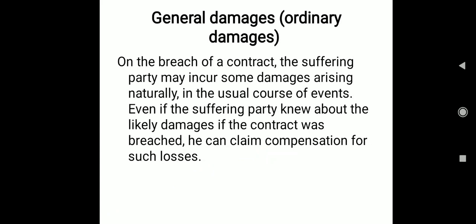Between you and me the agreement was 10 bags of sugar for 5,000, but as you refused, I purchased the 10 bags of sugar from somebody else, maybe for 6,000 rupees. So here 1,000 is my ordinary damage, and that is arising directly from the breach which you have made. So definitely I can claim compensation for such losses. So that is your general or ordinary damages.